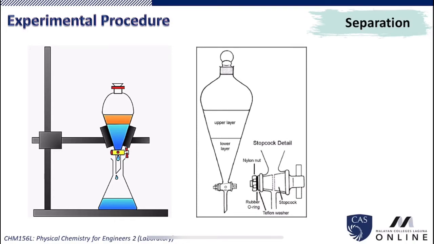What I usually do in this particular case is get almost all of the lower layer, and then once I only have some of the lower layer left, I remove the E-flask and get a waste container, and let it flow so that the last drops of the lower layer go into the waste, and the first drop of the upper layer will also go into the waste, so that I'm sure that the 2 components are well separated.